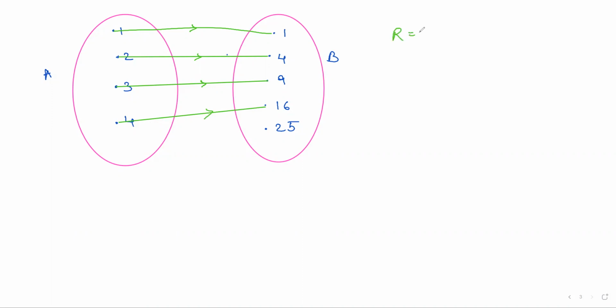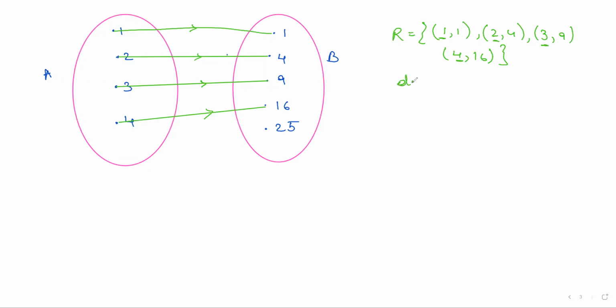R is the relation between A and B such that you have (1, 1), (2, 4), (3, 9), (4, 16). You have 4 elements of relation R, 4 ordered pairs, and each first element is unique.